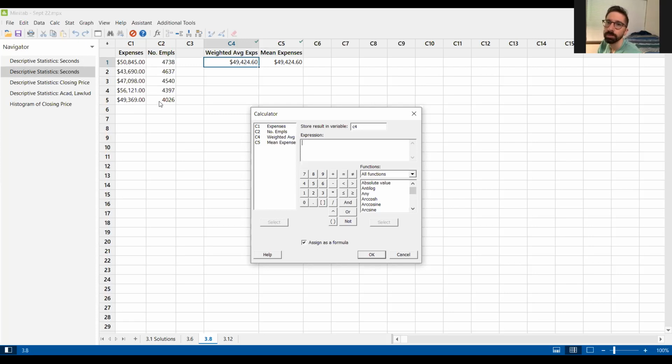I want to add up those products, and I want to divide by the sum of the employees. Does that make sense? So in the numerator, I'm going to pick a sum. I'm going to paste sum. Now it says sum rows, but I don't want that. I think that's used if you wanted to sum only particular rows in a data set. But if you want to sum all of them, just pick sum.